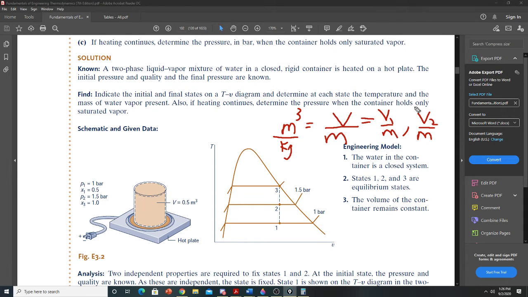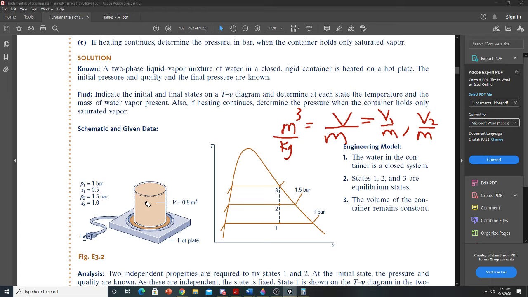What about this do you see? What's going on here essentially? Why did I write this? Why did I write that? So you're saying that volume 1 and volume 2 would have to be the same, which is true. And also, because this is a closed container, no mass has left.